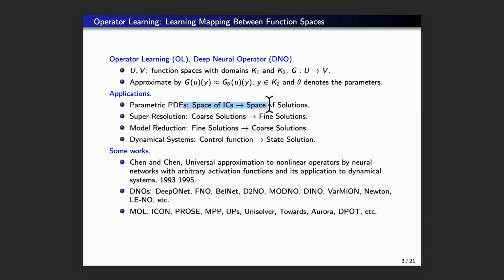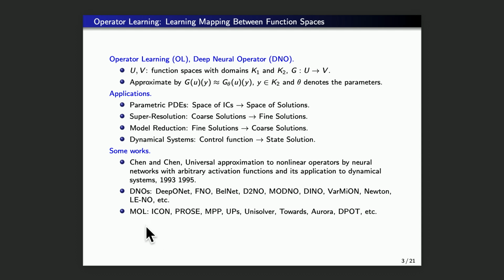Okay, so here are several important works about modern operator learning. This one is the first original work about operator learning. This one is some famous single deep neural operators, like DeepONet, which was published in 2019, and FNO, which I think was published at the same time.